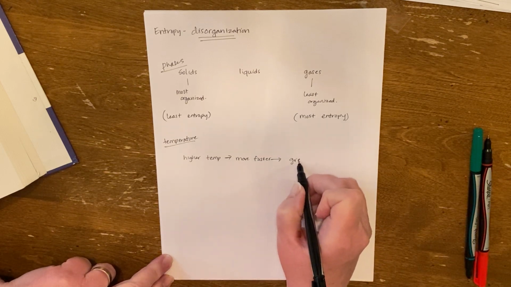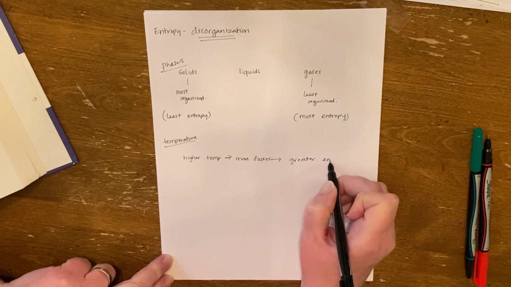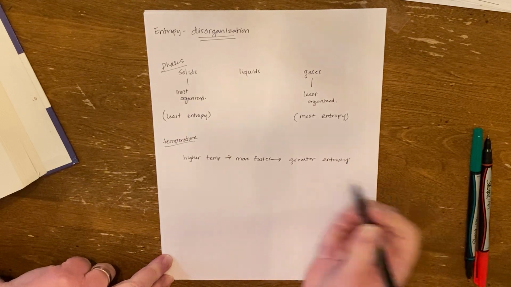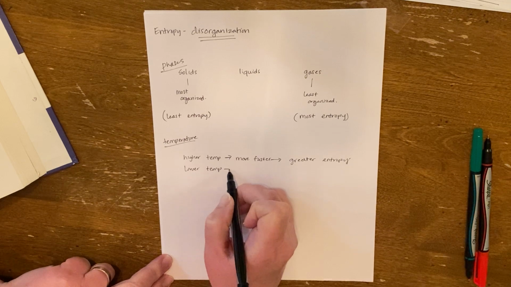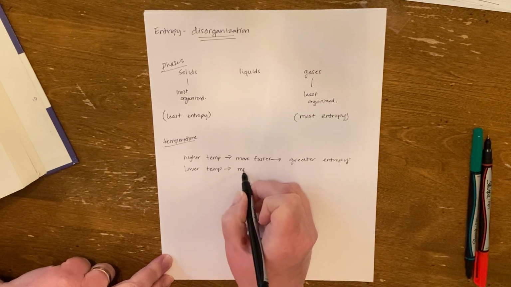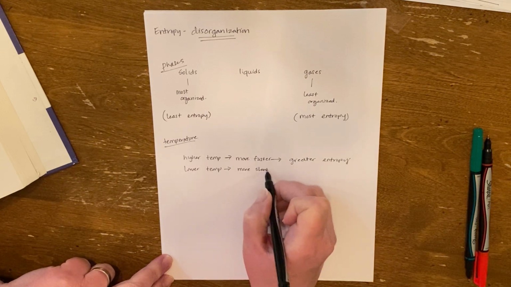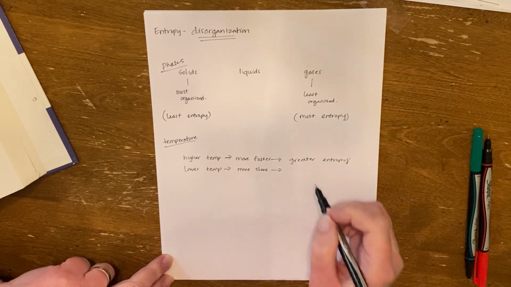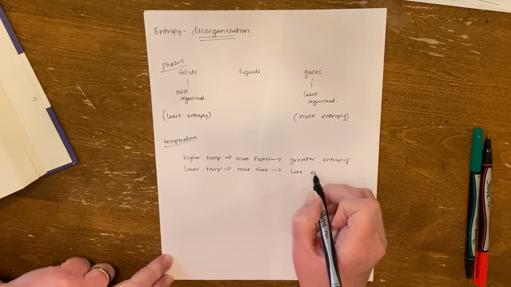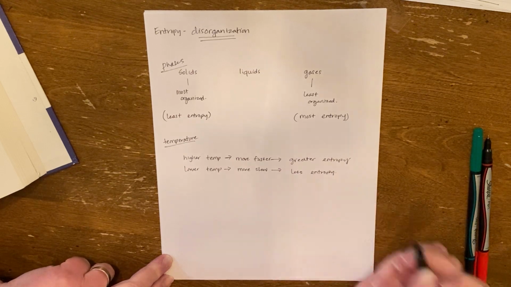So we're going to have greater entropy. All right, at a low temperature, molecules don't move as fast. Okay, so there's less chaos here, so we're going to have less entropy, less disorganization.